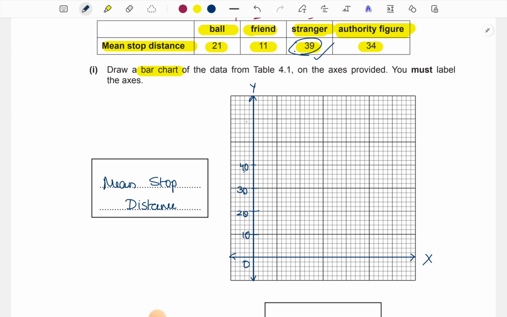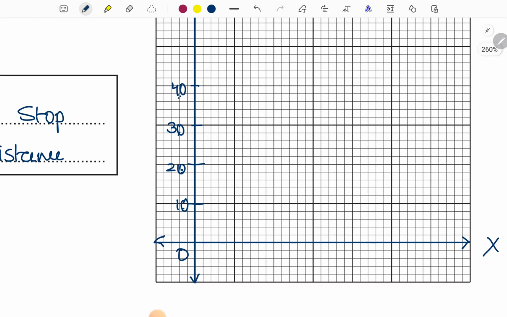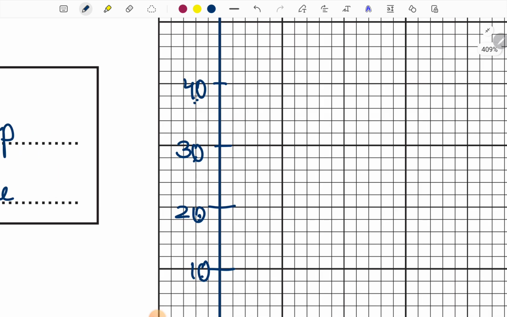First I have to represent ball, and ball I have to take up to 21. When I say you should be sensible, what I mean is, if I see the space between 20 and 30, it's difficult to precisely draw 21, because I don't have a proper graph paper with exactly 10 squares from 20 to 30. So just take it up to 1 square, roughly a little above 20.